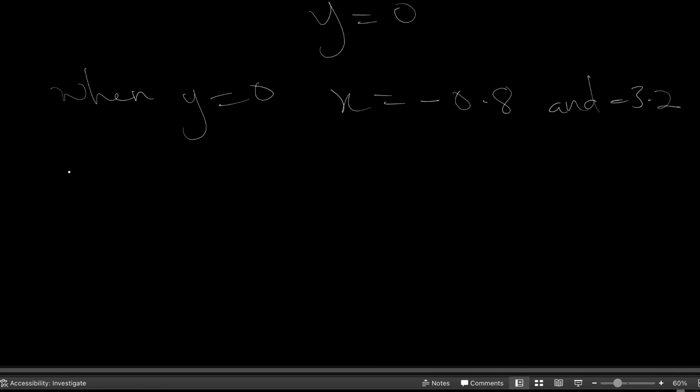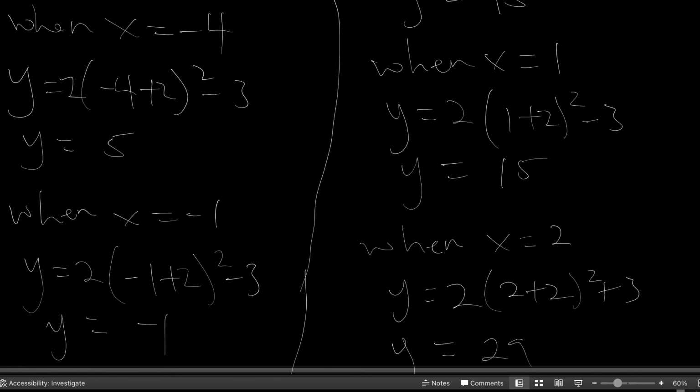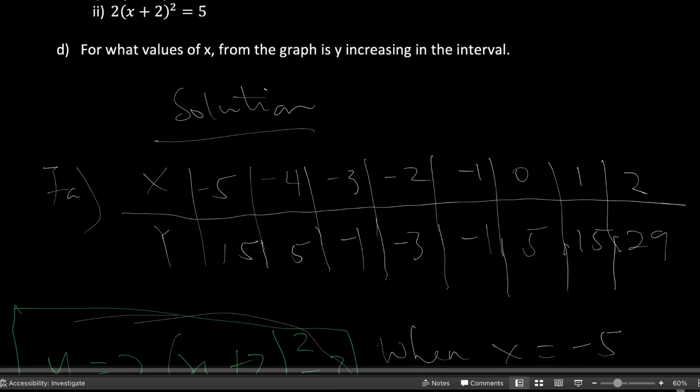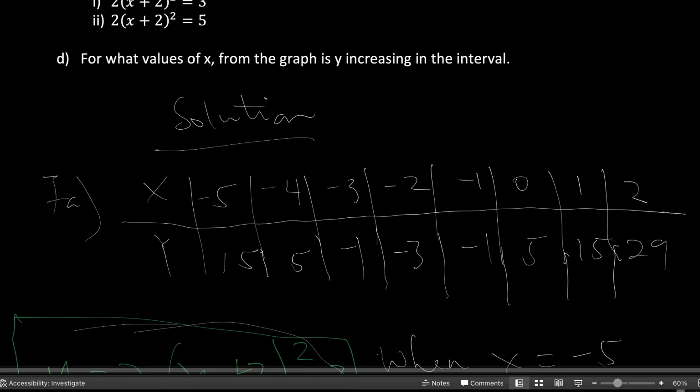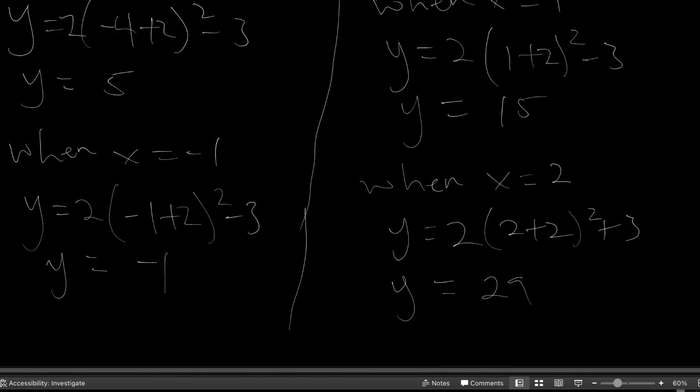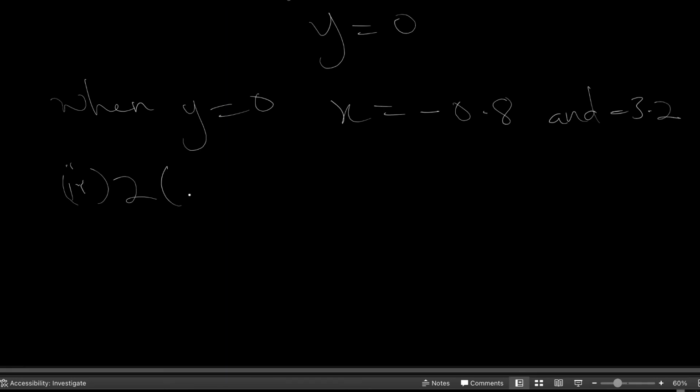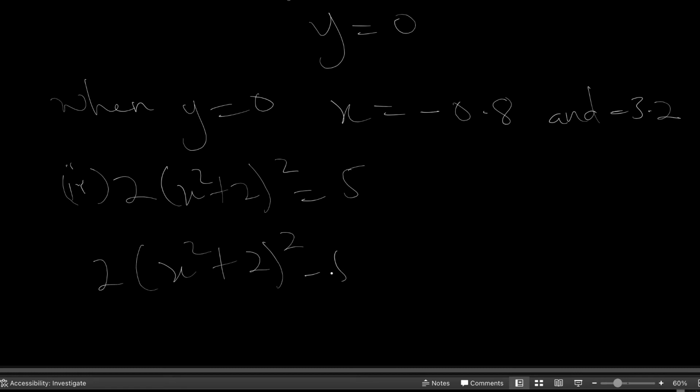Now (ii) 2 into brackets (x plus 2) all squared is equal to 5. This can be written as 2 into brackets (x plus 2) all squared minus 5 is equal to 0.